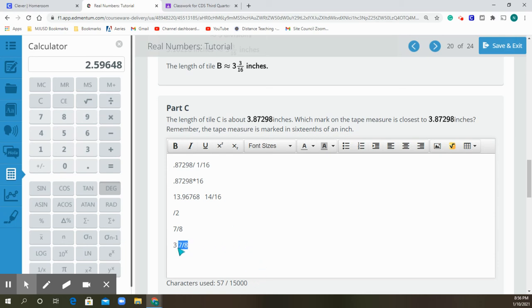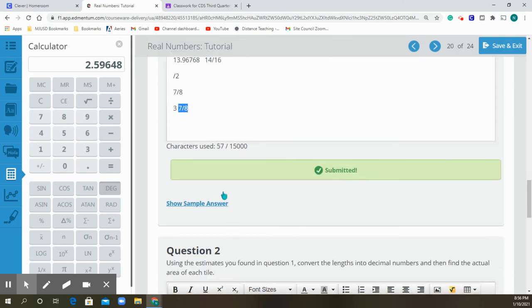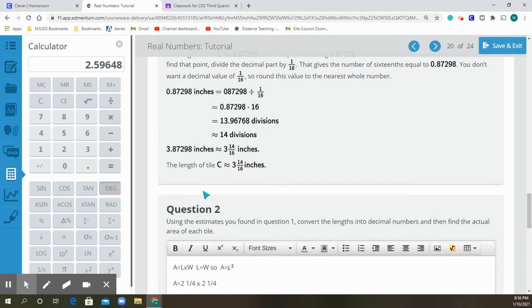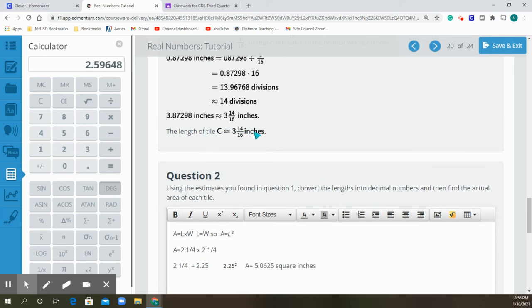I think that breaks down into 7/8, but they keep it as 14/16, 3 14/16. So on the tape measure, you would be almost all the way to 4 inches, but it's 2/16 less, just so you know.